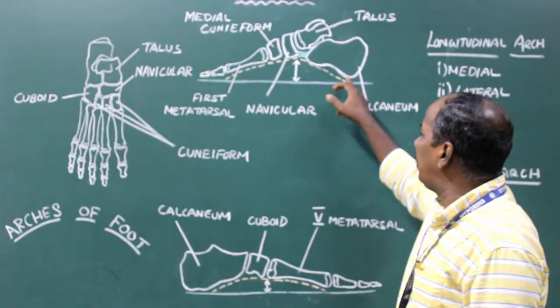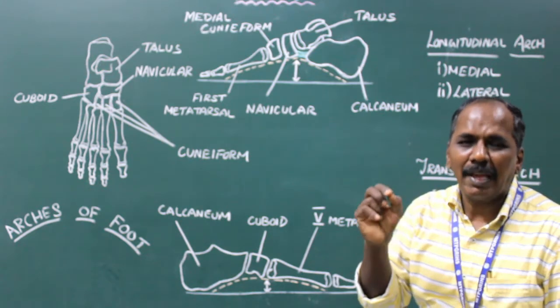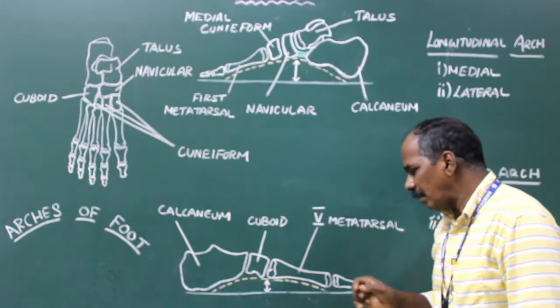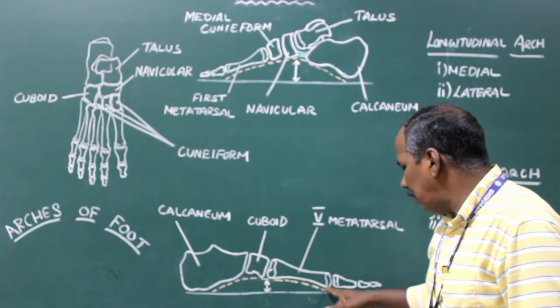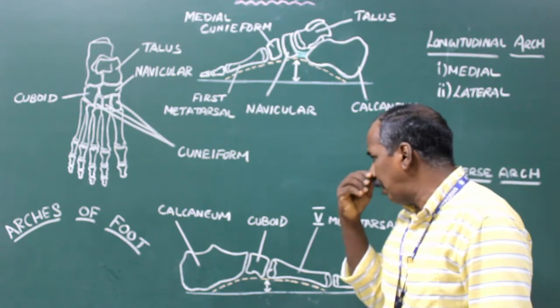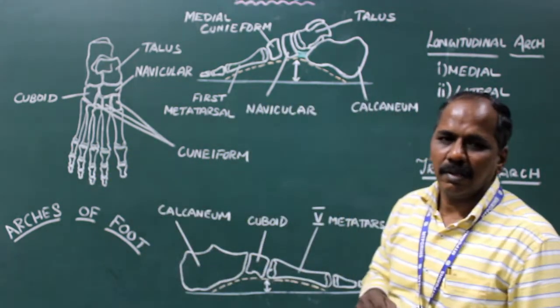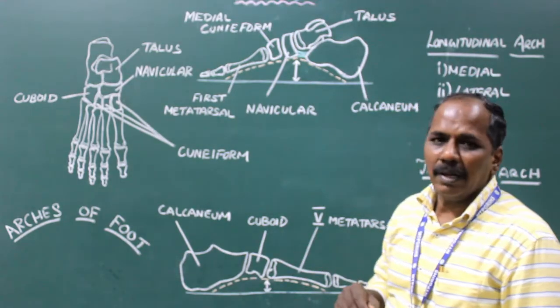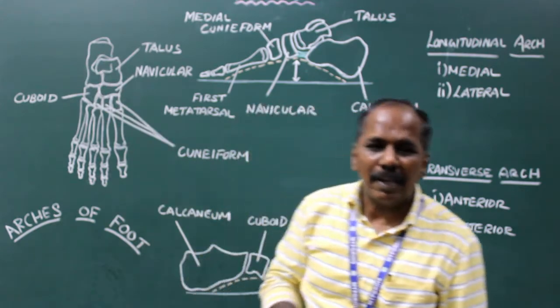The posterior pillar is formed by the medial half of calcaneum. Lateral longitudinal arch: the anterior pillar is formed by heads of fourth and fifth metatarsal bones. The posterior pillar is formed by the lateral tubercle of calcaneum.